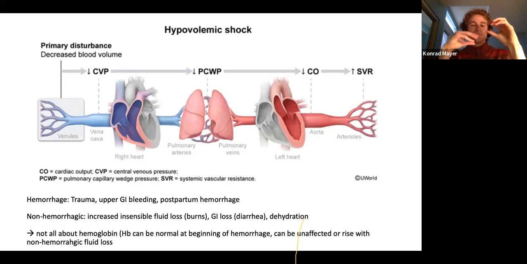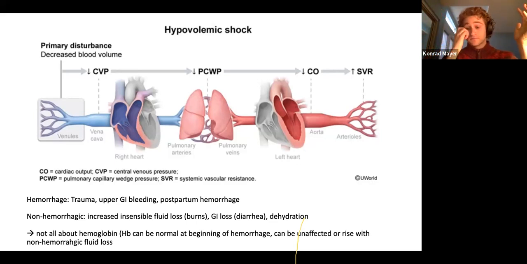So hemoglobin is always, I think it's milligrams per deciliter, but it's always a fraction of something. And if we're losing part of the whole, the HB is not going to change that much. So in the beginning of hemorrhagic shock, the HB can be normal, but we shouldn't look at the HB after just taking a blood gas and say, oh, HB is normal, they're not in shock, they don't have hypovolemia.